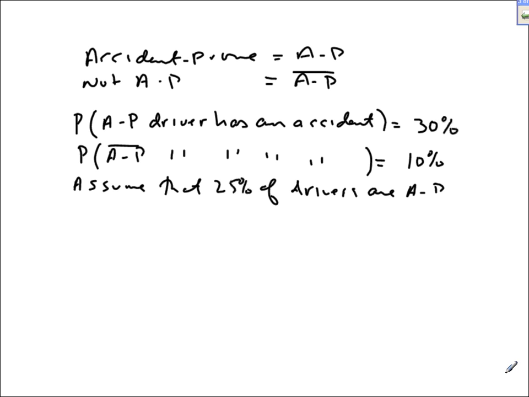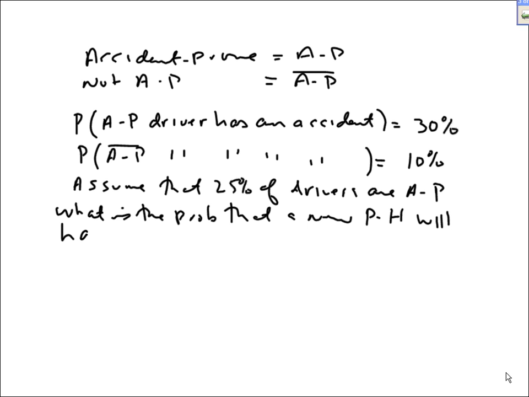One out of four drivers, the insurance company at least considers accident prone. So here's the question. What is the probability that a new policyholder will have an accident in the next year?